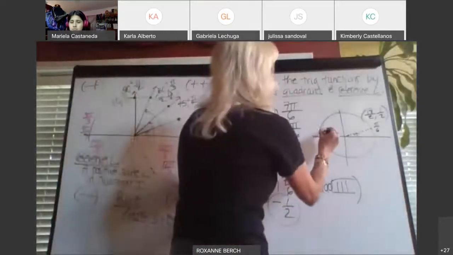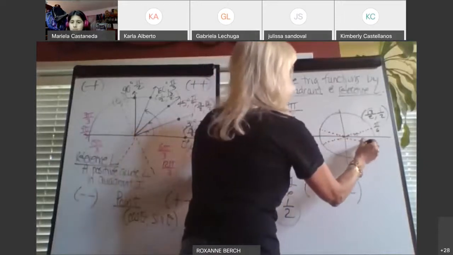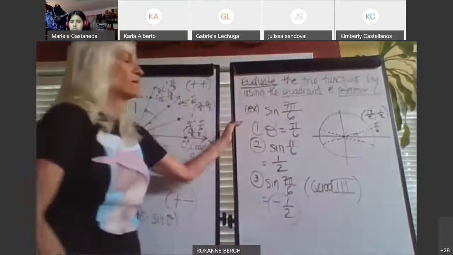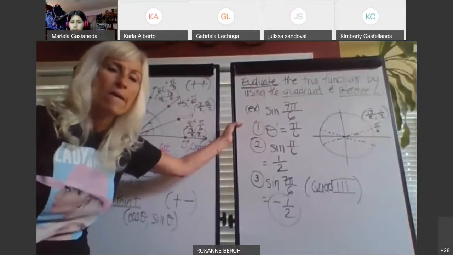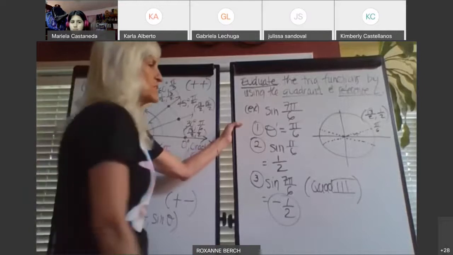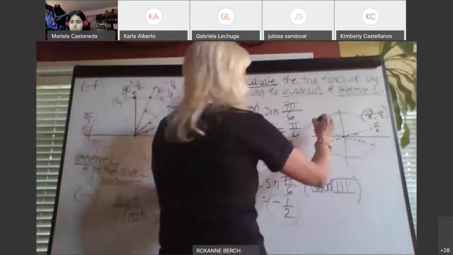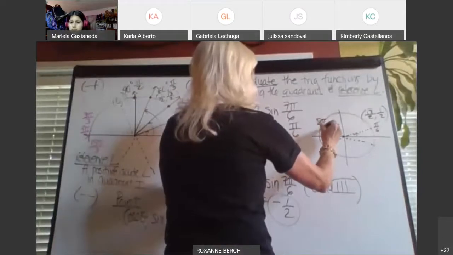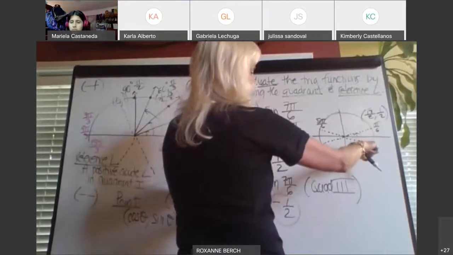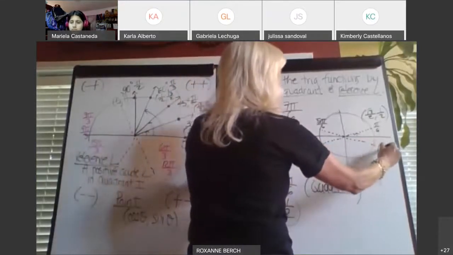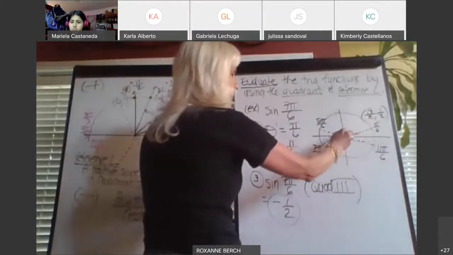Well, see this angle, and the one that matches up here, and the one that matches up there? Those all have the same ordered pair. So this is 5 pi over 6, this guy is 7 pi over 6, and this guy is 11 pi over 6.